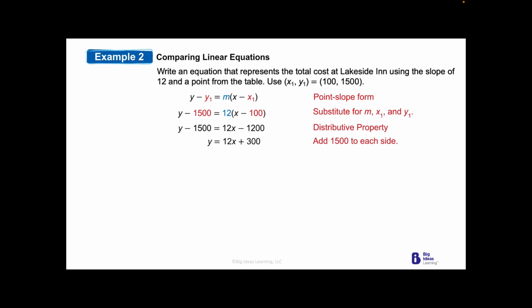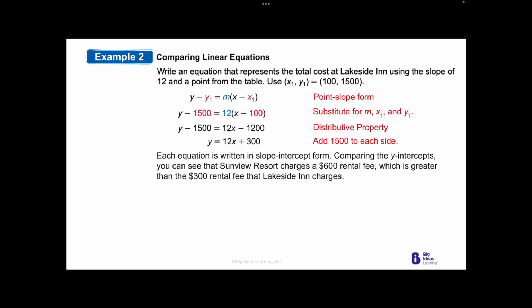Now, what might mess you up here is that you have to use the distributive property correctly. You have to distribute the 12 to the x and the negative 100, which is fine, and then you add the 1,500 to both sides. You still get the same exact equation, I just did it a different way. You're still going to be comparing the y-intercepts.